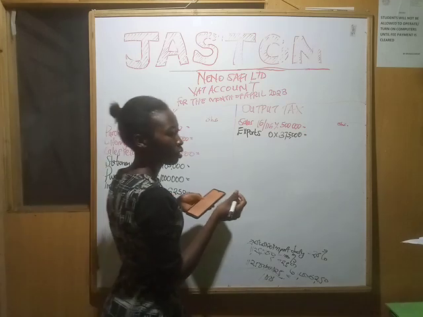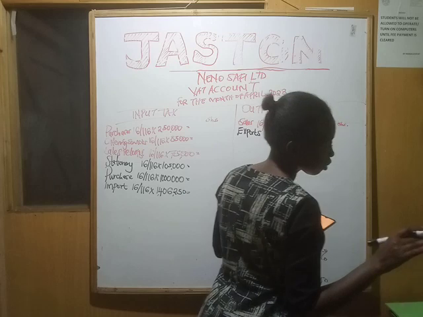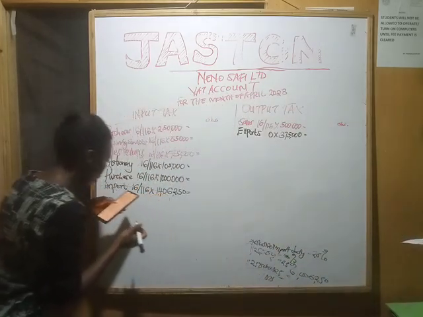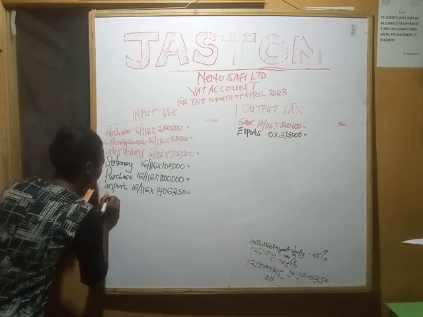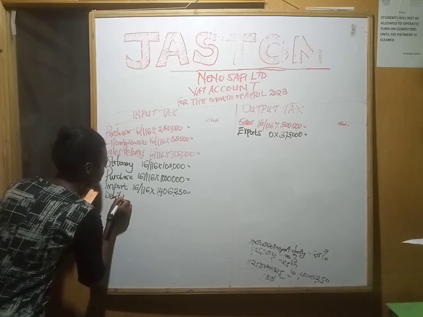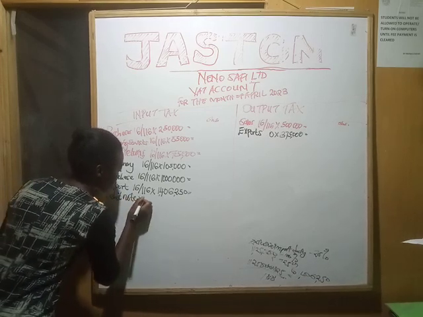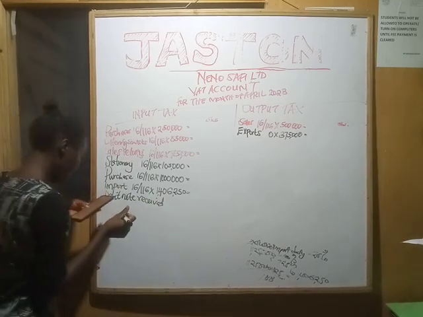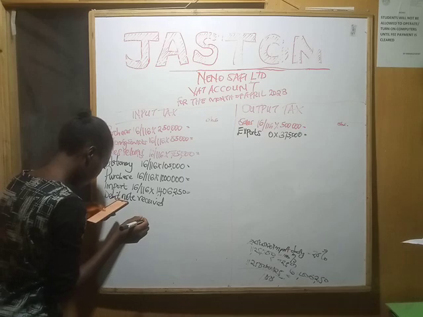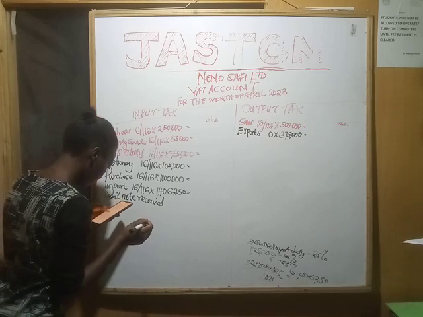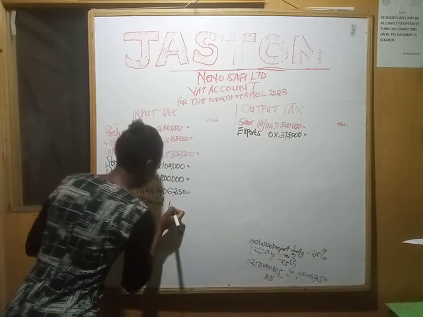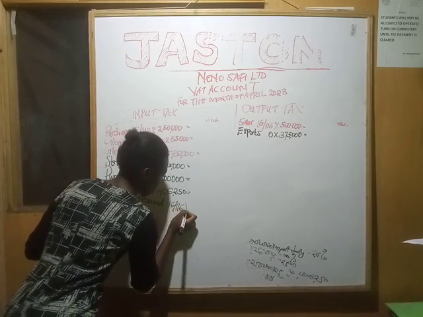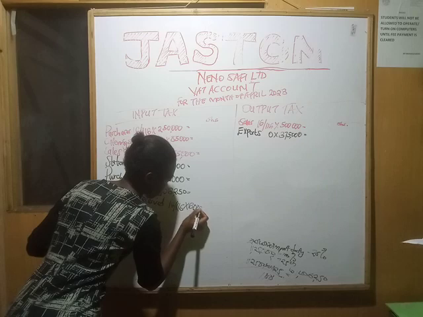Debit note received, we are going to put it in this side. We will have 16 over 116 multiplied by 60,000.